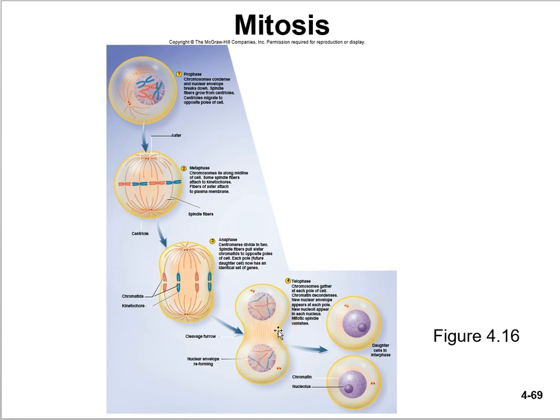Telophase, we actually see the nucleus has now divided. Even cytokinesis has begun, where the cytoplasm is dividing as well, and we'll end up with two daughter cells who will have complete copies of the genetic code.